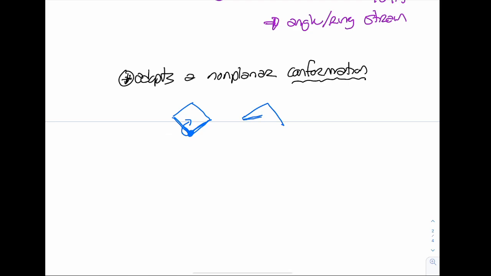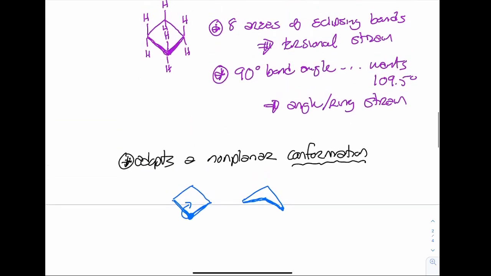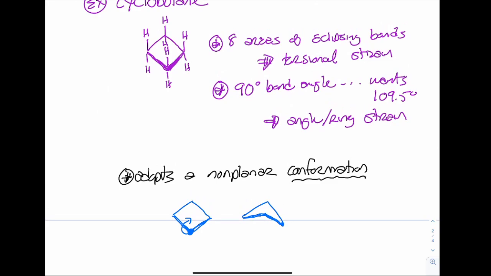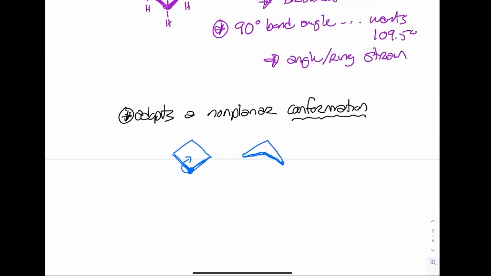So we're showing that this carbon here that I'm now wedging is actually coming up out of the plane a little bit. What that does is it alleviates some of that torsional strain because the hydrogens now on that carbon that's up are not eclipsing the other carbons. So we would say that this is now up.